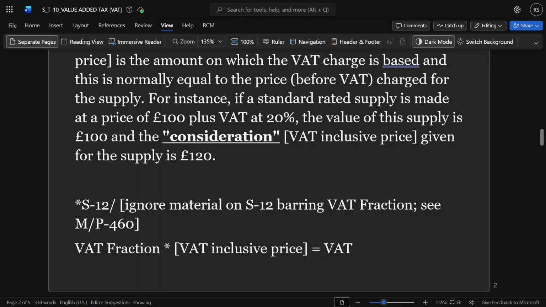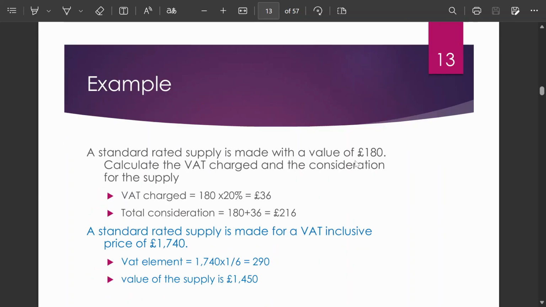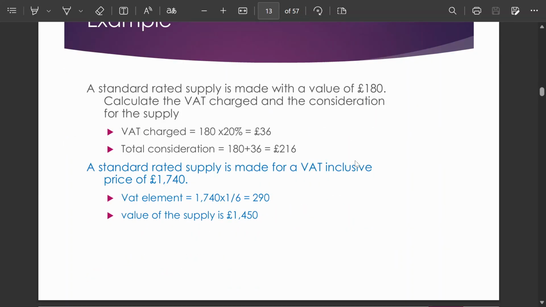All right, let's move on and cover a few more topics. Here, a standard rated supply, the value of supply is 180. What is the VAT charge and the consideration? Here the definition is correct.